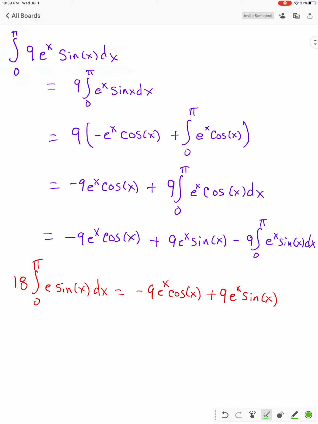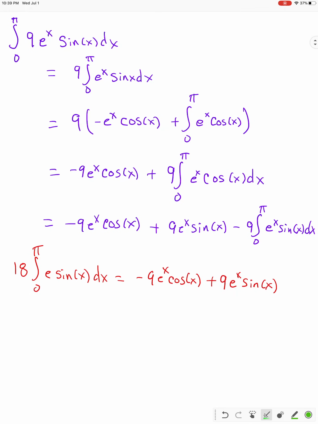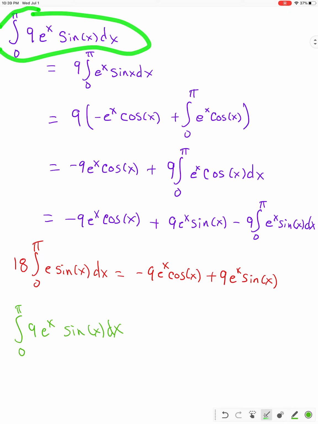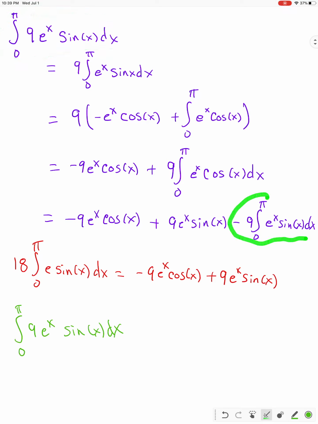And then I think what you did, in what I've written in red here, is incorrect. So I think what you did then was say, well, let me recopy something here. I have the integral from 0 to pi of 9e to the x times sine of x dx, copying down what we started with. And then I think you took this term and added it to the other side of the equation.